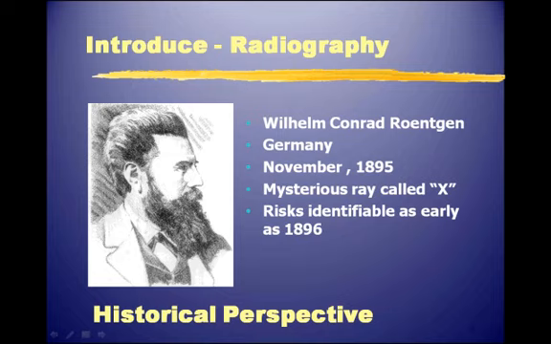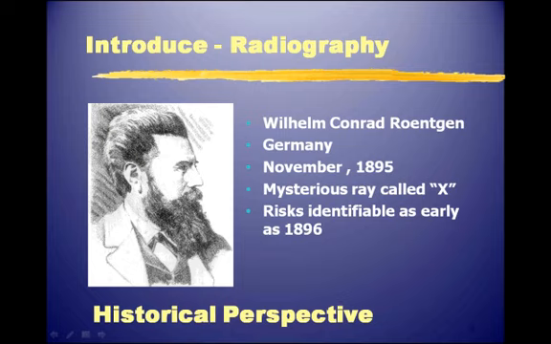Now, to introduce radiography, we have to go all the way back to 1895, when Wilhelm Conrad Röntgen discovered X-rays in Germany. He was experimenting with a cathode ray tube, which caused some kind of mysterious ray to pass through the tube, which was covered by a black cloth, and he asked his wife to come in.